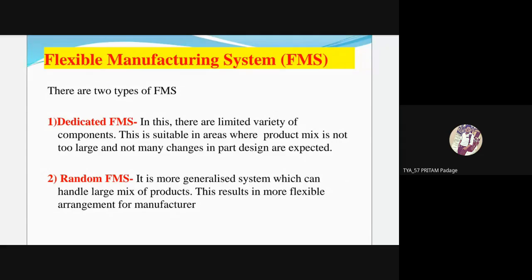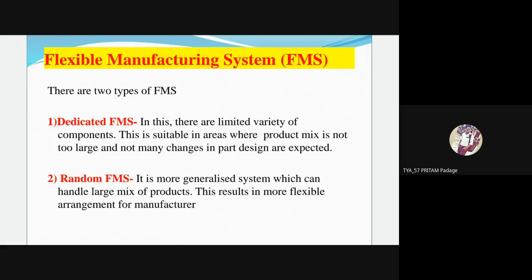Dedicated is where there are very few changes, so it is less effective compared to random. In CNC also, if you have very few tools, only a taper turning operation for example, this is included in the dedicated FMS.